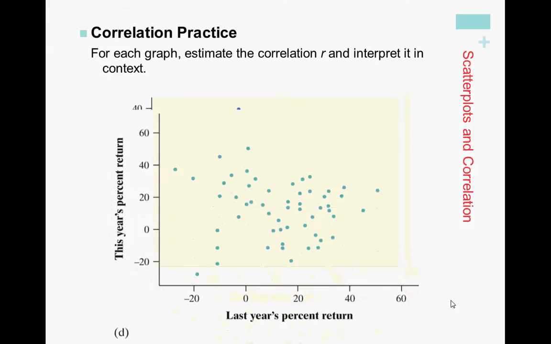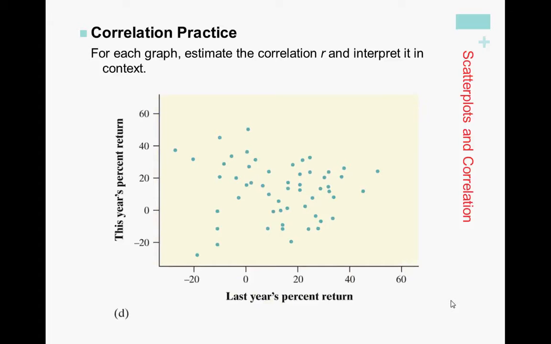Okay, hit pause. This one's tough. I think I'd have to guess something around negative 0.3. Now we do have some outliers that seem to go away from the overall negative pattern. If you look in the lower left, it almost looks like 3 vertical ones and then 1 off to the bottom left of that, right above the negative 20.